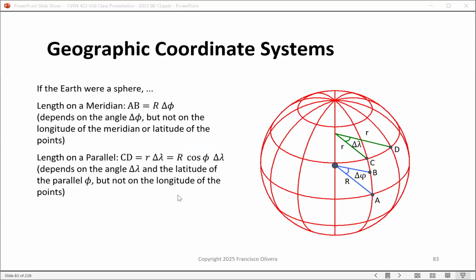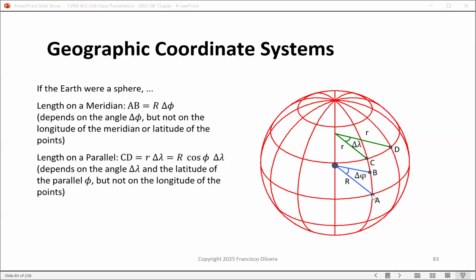Just to have an idea of what 1 degree means, or any amount of degrees means, notice that when you travel north-south along a line that connects the two poles, these are called meridians. When you travel along a meridian, this distance, in this case AB, and this point looks at the equator, but it doesn't have to be at the equator.